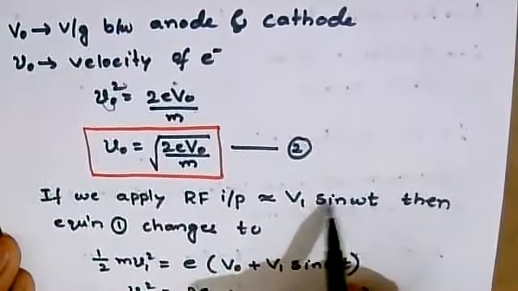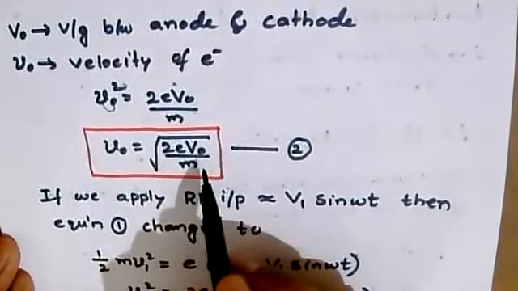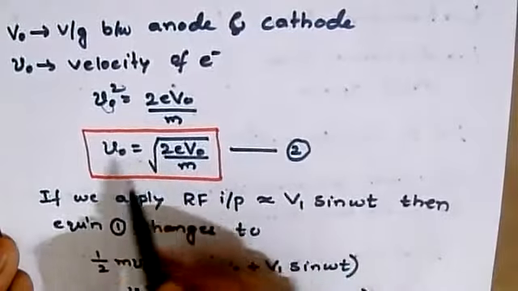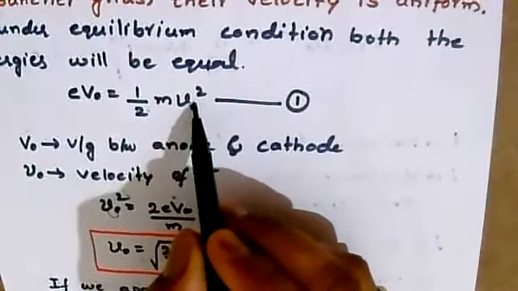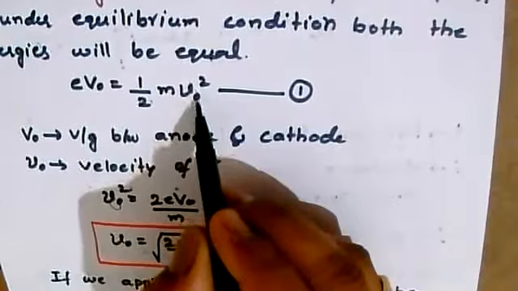So when we include this V1 sin omega t in this particular expression, the velocity will be different here. Earlier it was half m v0 square. Now the velocity will be different as the RF input is taken into consideration, so this will be equal to v1.